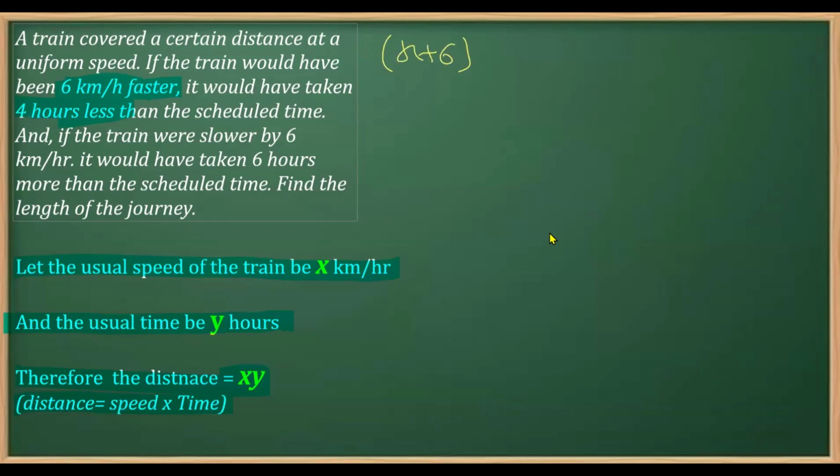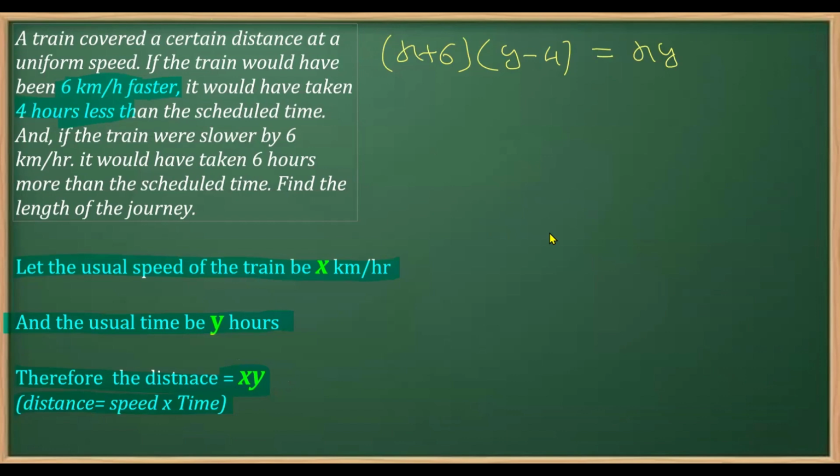That multiplied by the time, and time is how much? 4 hours less. The time was y hours, so it's y minus 4. But you know that in this case, irrespective of the speed and time, the distance is going to be the same. That is, it is covering the same distance.